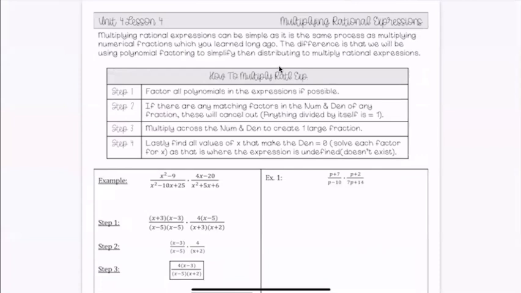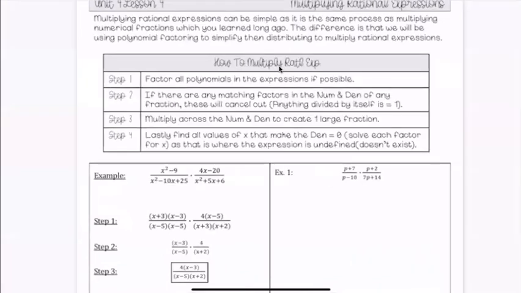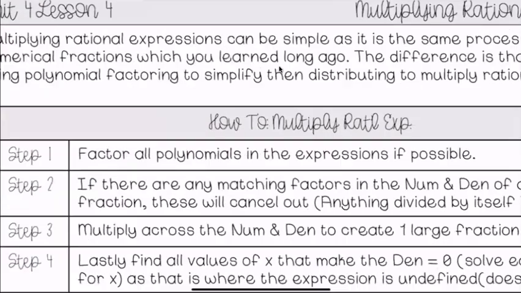Up here at the top, it says multiplying rational expressions can be simple as it is the same process as multiplying numerical fractions, which I just showed you. The difference is that we will be using polynomial factoring to simplify and then distributing to multiply rational expressions. Just a reminder here, we did polynomial factoring in Unit 2.